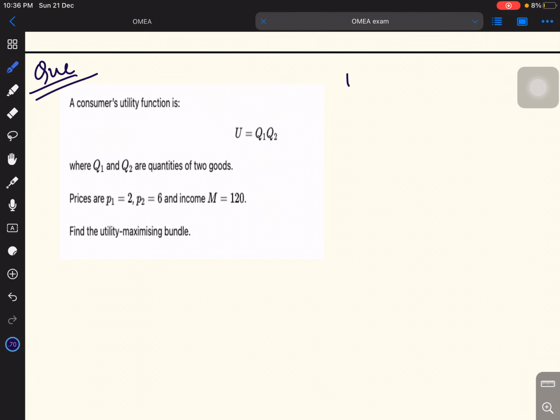First step is to make the budget constraint.